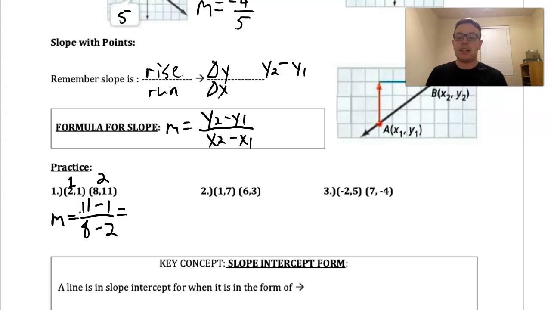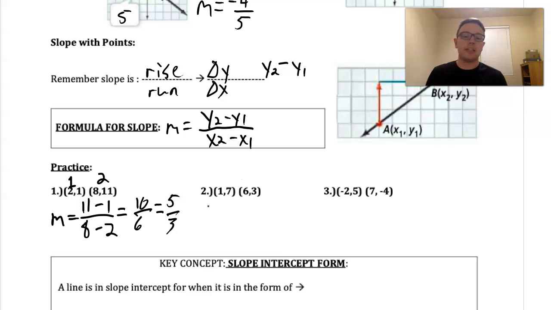Then we simplify. So 11 minus 1 gives us 10 over 6. Now don't forget, this isn't complete. Why is this not complete? This is not reduced. We have a factor of 2 that we can take out of both the top and the bottom. So 10 divided by 2 gives us 5 over 3.